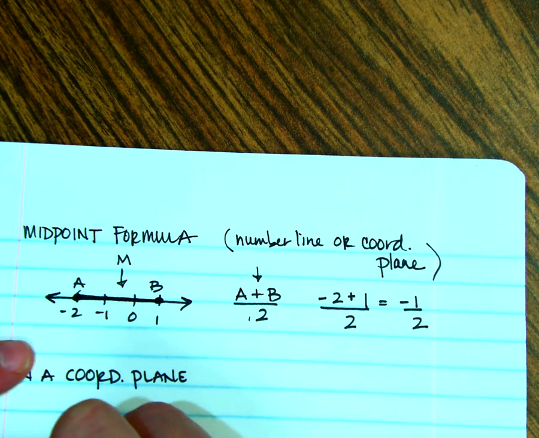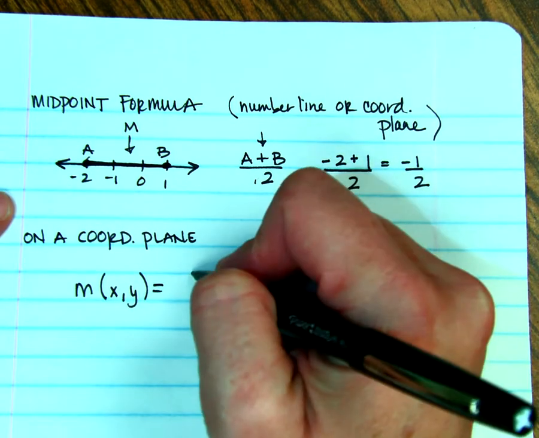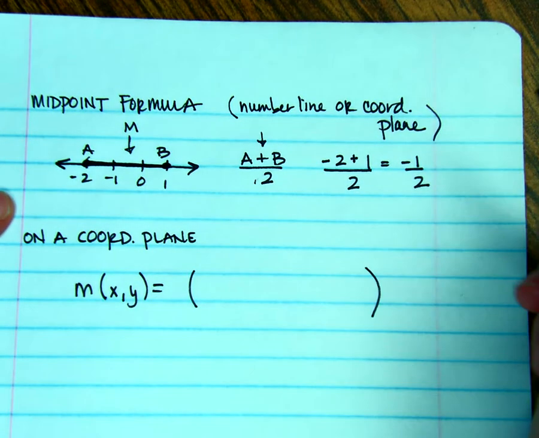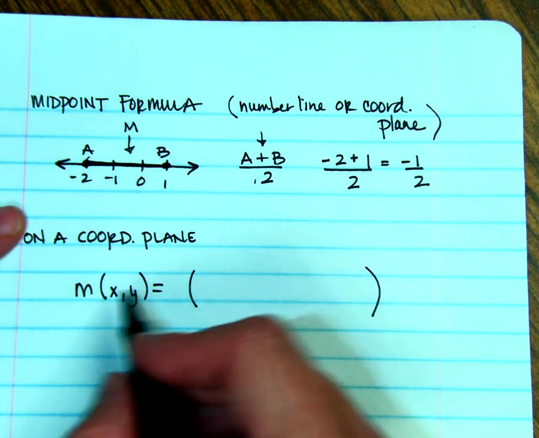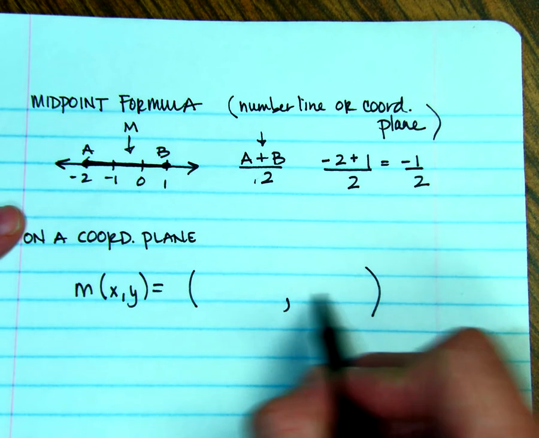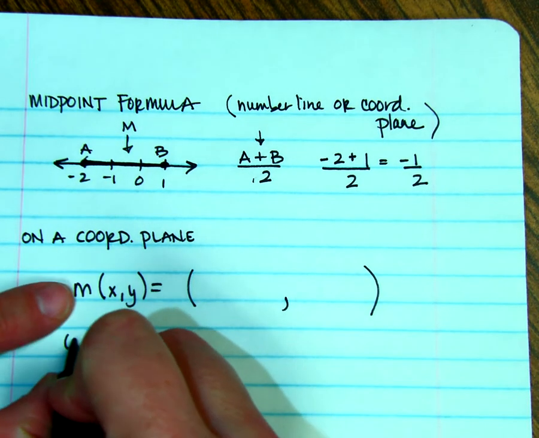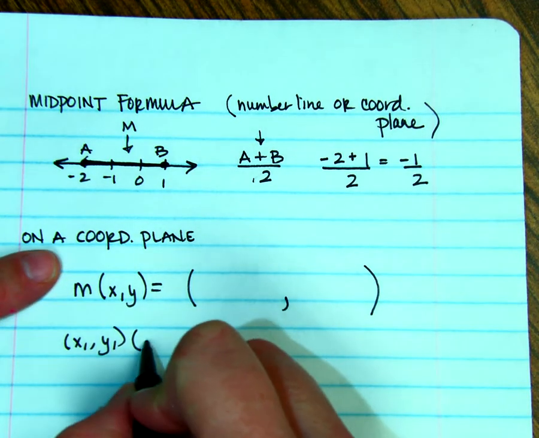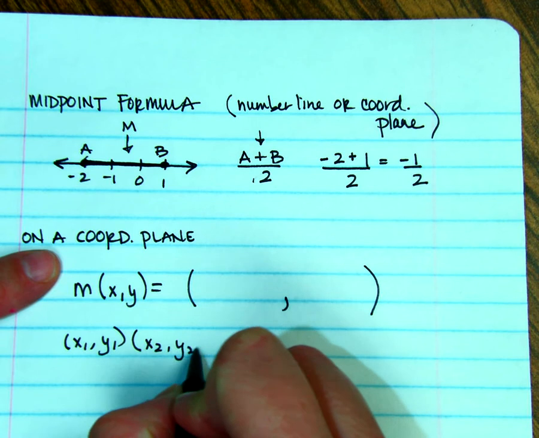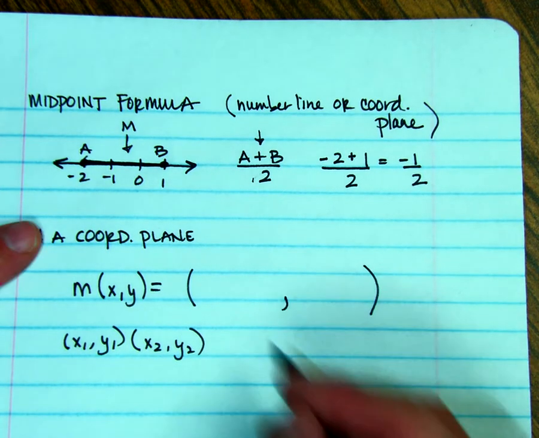On a coordinate plane, the midpoint, which is the ordered pair x comma y, is going to equal, you're doing the exact same thing, but now we're going to be finding the average of our x's and the average of our y's. So when you get all done, this is one big ordered pair. If we have one ordered pair of x sub 1 and y sub 1, and another ordered pair of x sub 2 and y sub 2, you're averaging the x's and you're averaging the y's.